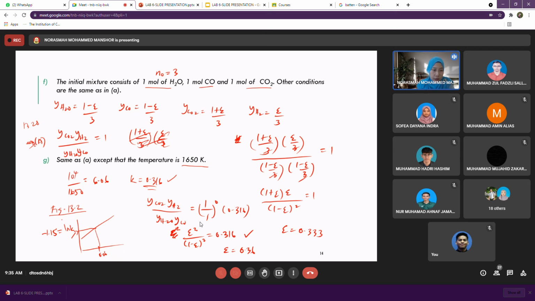Okay, yang ni figure 13.2. Okay, yang ni ln K versus 10 to the power of 4 over T. T dalam Kelvin. So T sekarang 1650. So you kira lah dia punya 10 to the power of 4 divide by T dapat 6.06. So dekat figure 13.2, you ambil yang reaction yang ni apa tadi?